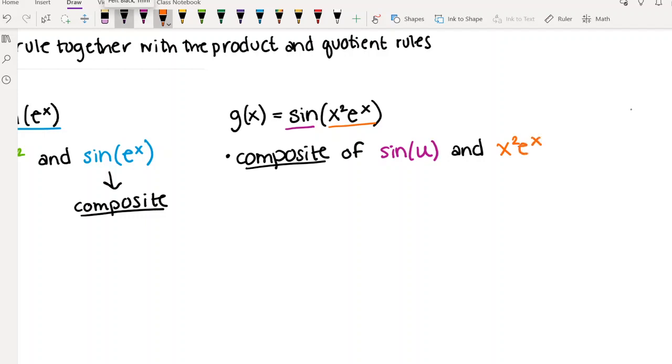So x squared e to the x, well, that part is a product. And so eventually we're going to have to use the product rule, but it's not what we're kind of starting with.